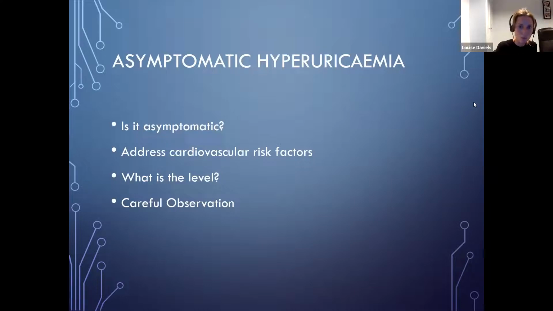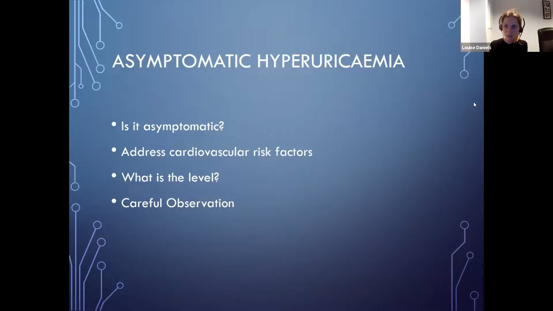So I've just got one slide on asymptomatic hyperuricemia. So I think my first question is, is it truly asymptomatic? Because my feeling is that in most cases, if you've got to the point of checking a uric acid level, it's because the patient has had some joint symptoms or renal stones or another reason to check it. The really important thing, if they do have hyperuricemia, is to address their other cardiovascular risk factors.